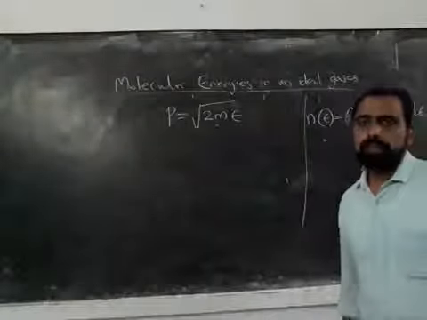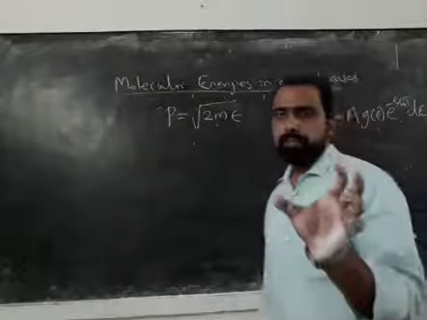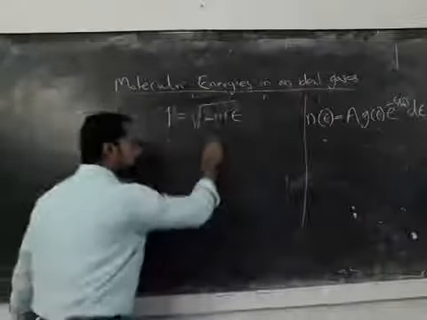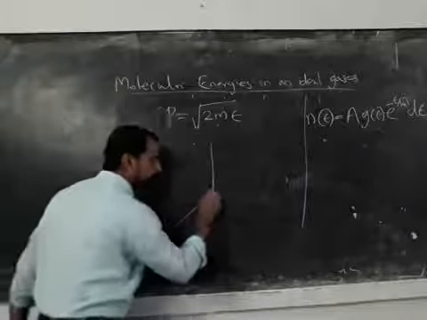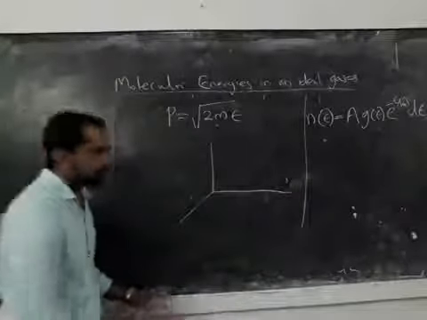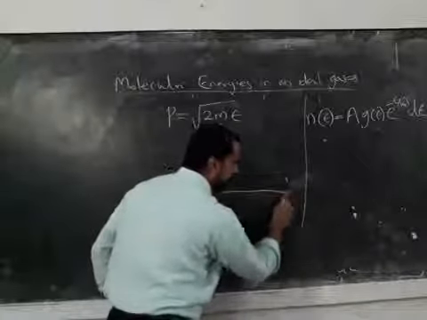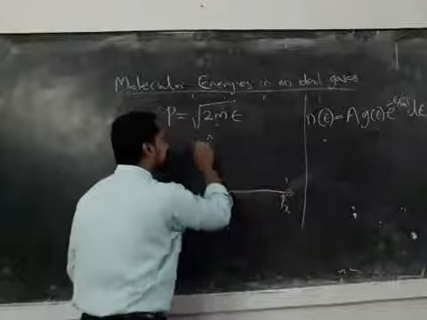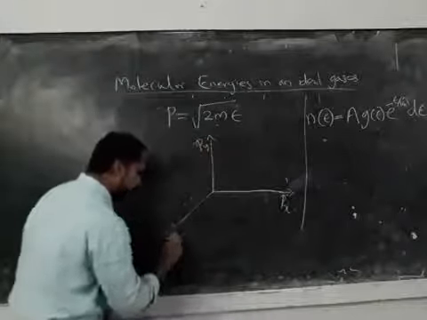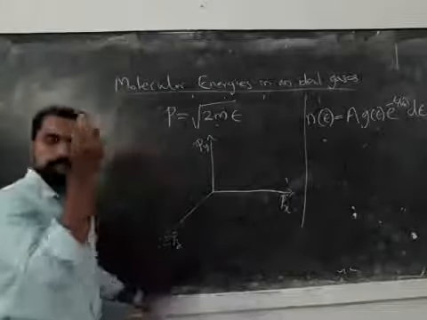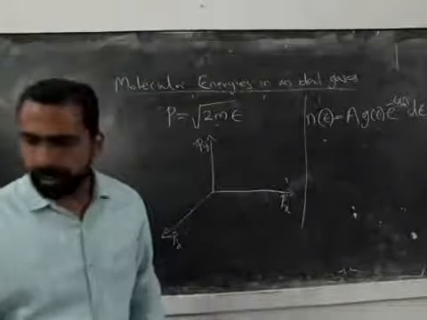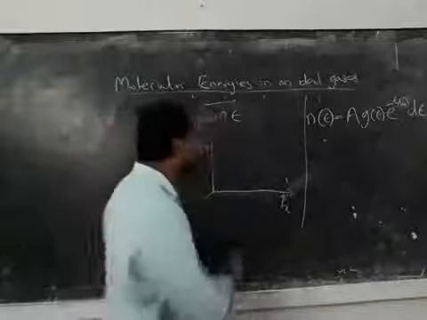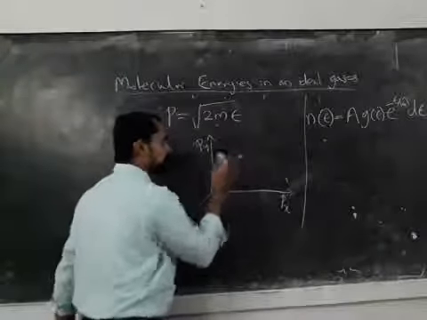Now this p, in the momentum space, you can take momentum space like px, py, and pz, and my particle that is in motion has a linear momentum at this point.